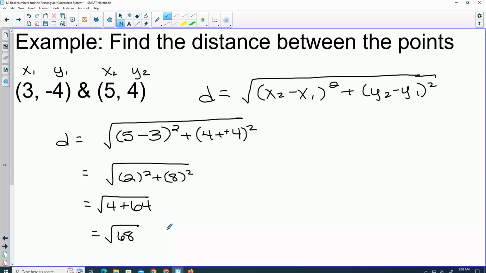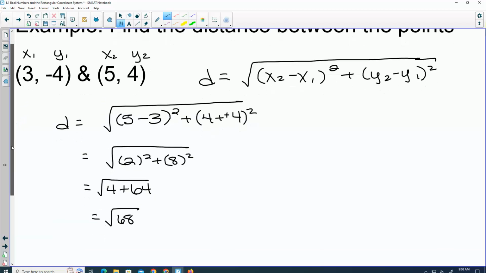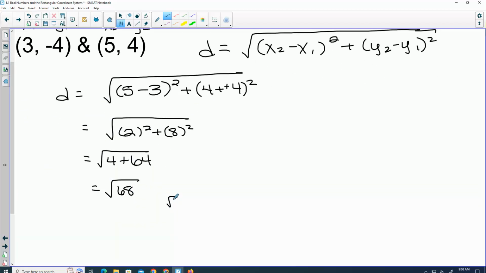Can you do 68 divided by 4? 4 and 17. So this one can break down. Square root of 4 is 2, so we get 2 radical 17. And that is our final answer. All right, any questions there?